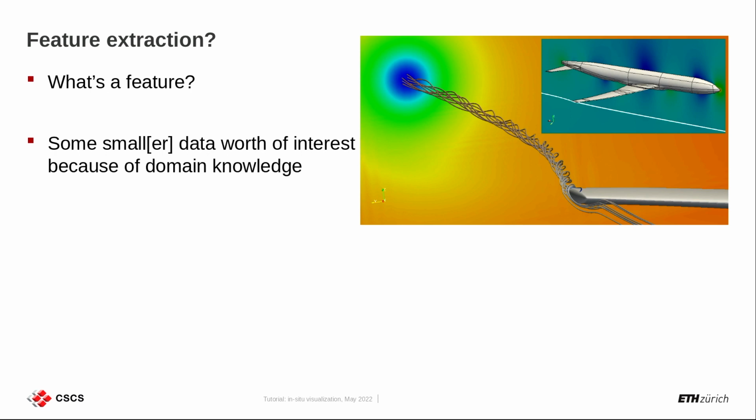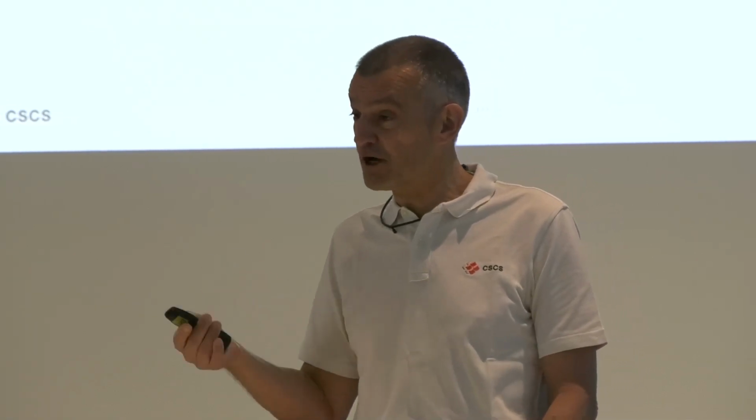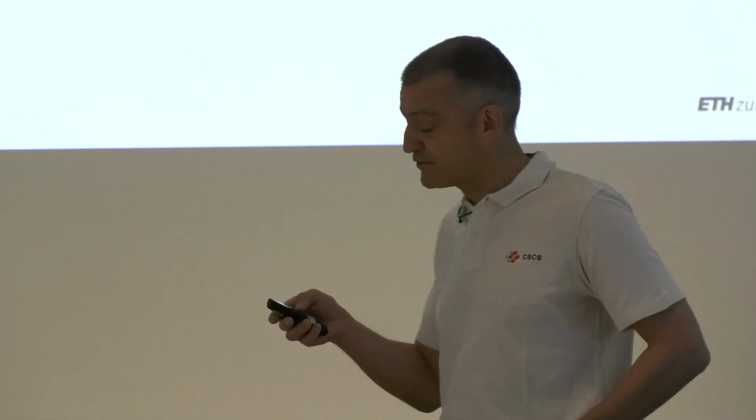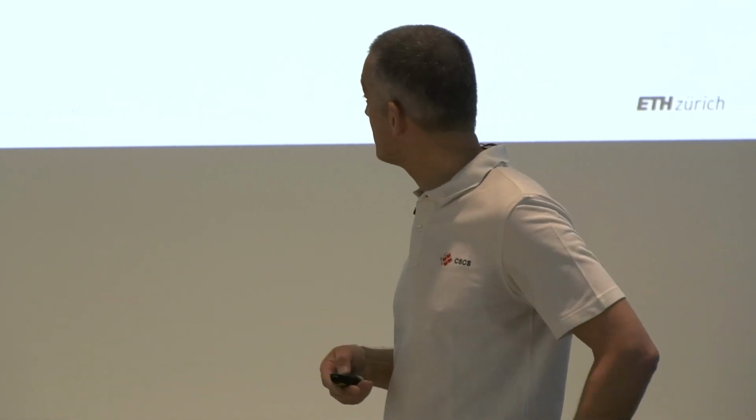So this actually requires domain knowledge. If you are an expert in your particular field, you will know that some features are more interesting than others, and you need to be able to encode that into your visualization algorithm.